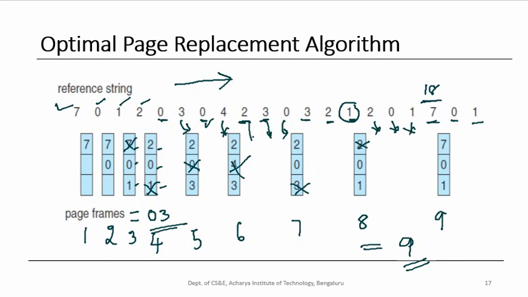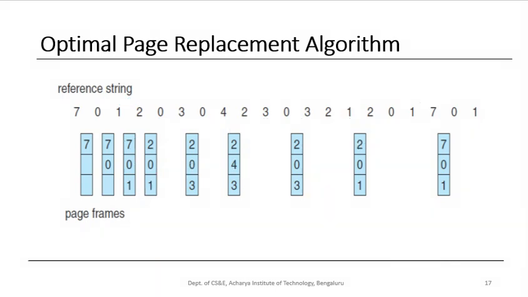But the disadvantage of this algorithm is that you will have to see in future the references that are going to be made in future, which is very, very difficult. Therefore this is a kind of hypothetical or conceptual algorithm, just like shortest job first algorithm that we discussed when we discussed about CPU scheduling algorithm.